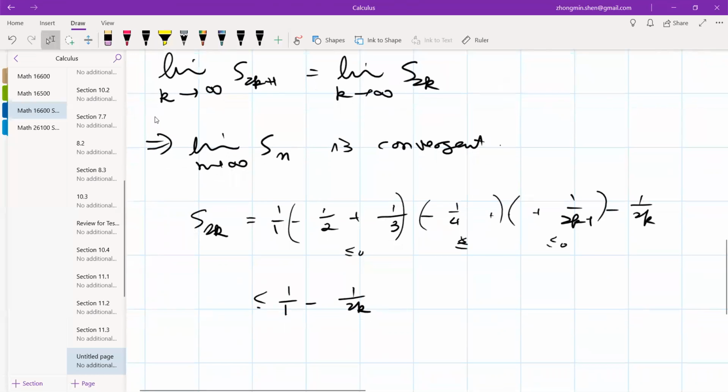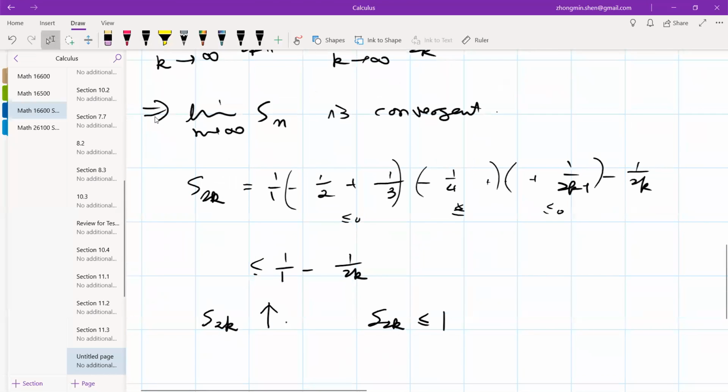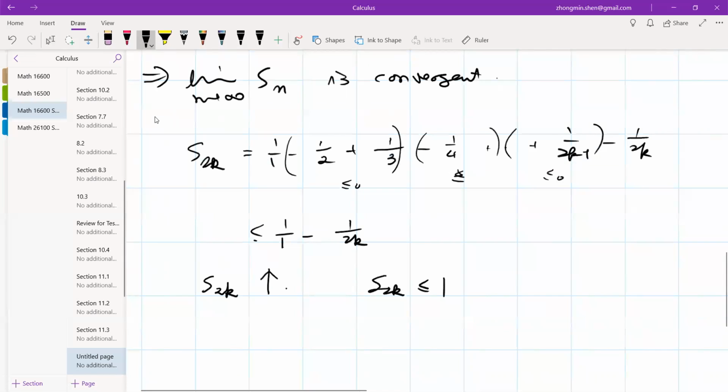I know S2K is increasing, because it is the sum of positive terms. But I also know that S2K is less than or equal to 1, because when I regroup those terms, that means as K goes to infinity, the limit exists.